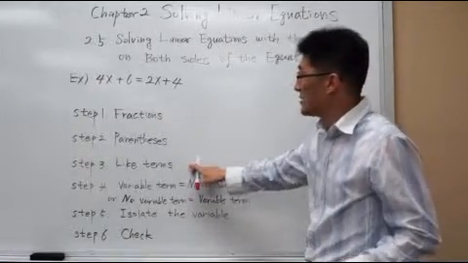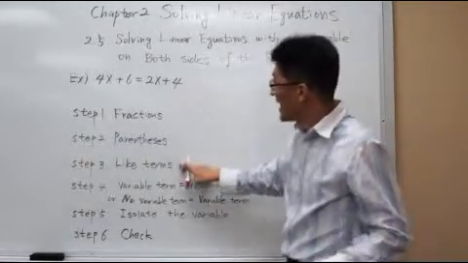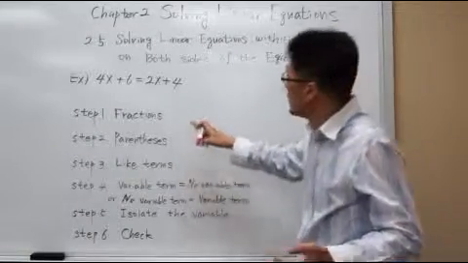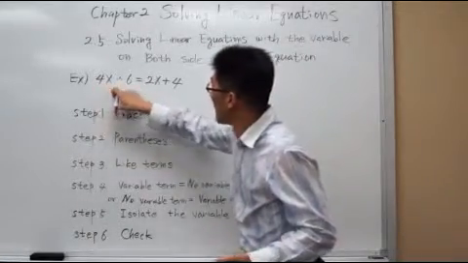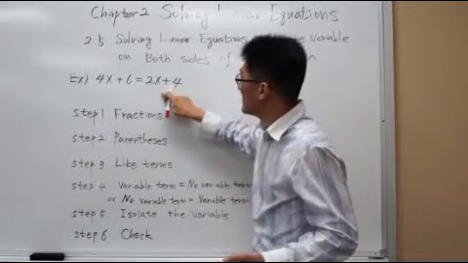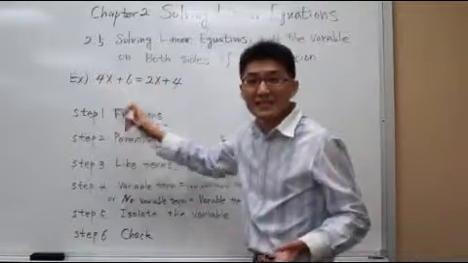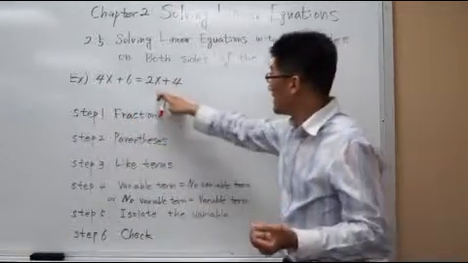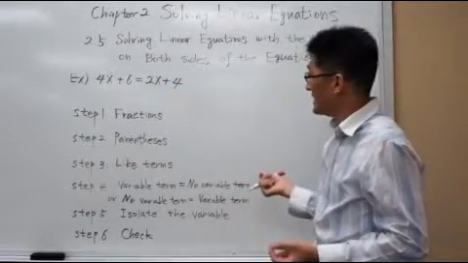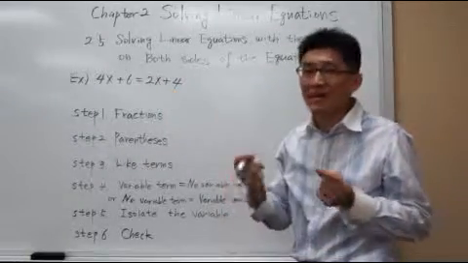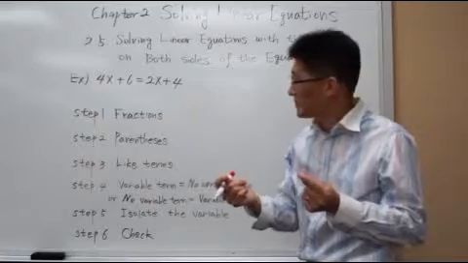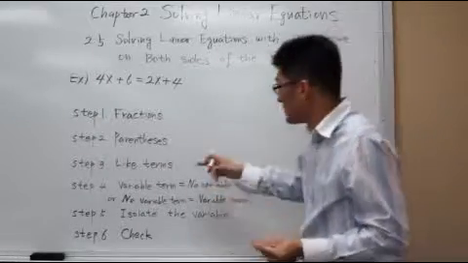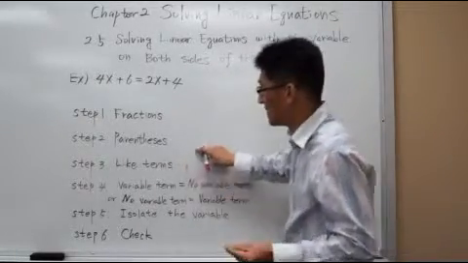The third step is, can you find like terms? We have like terms, 4x and 2x. But 4x is on the left-hand side and 2x is on the right-hand side, so you cannot combine the like terms. Then you also skip the third step.